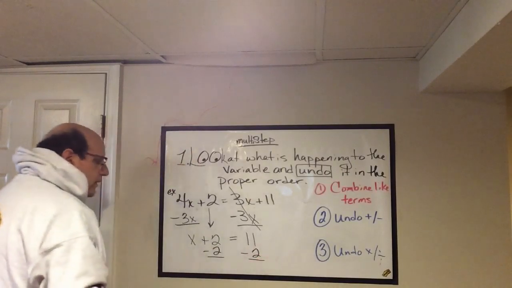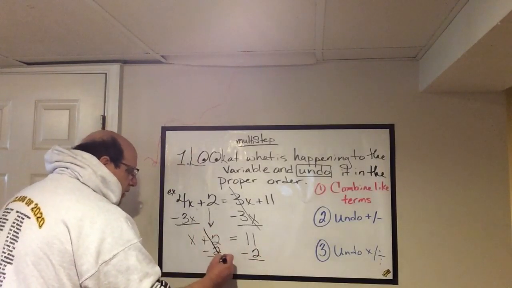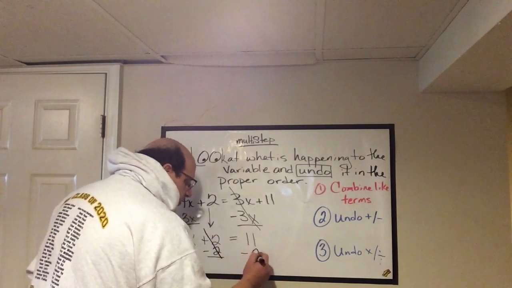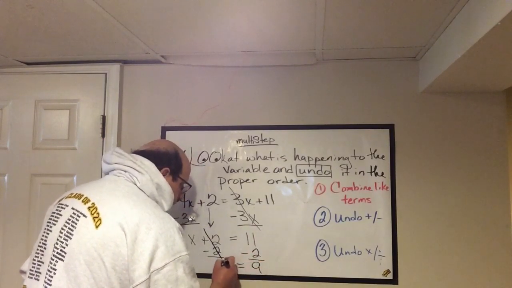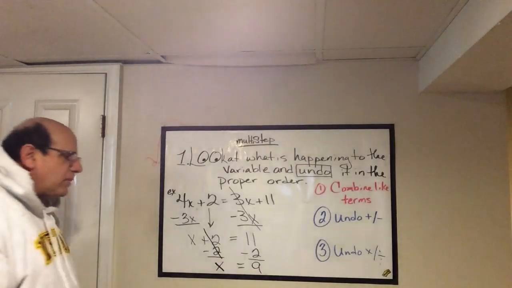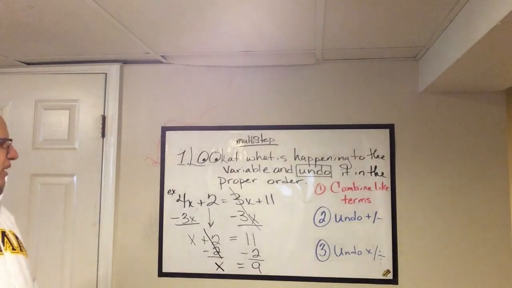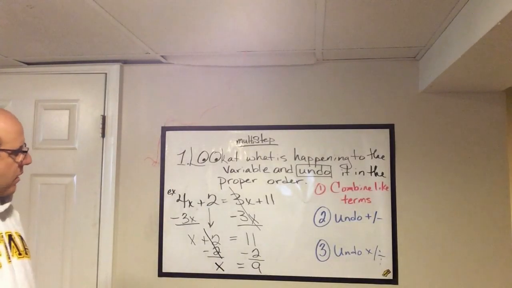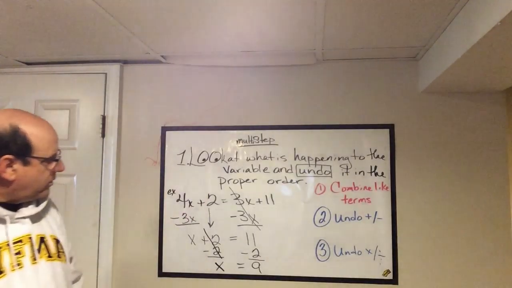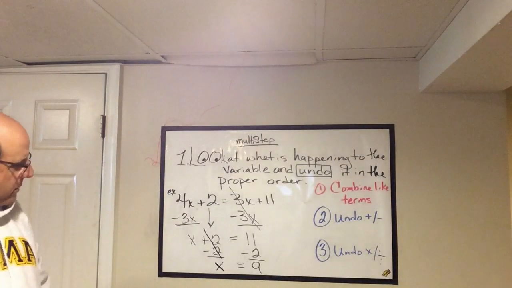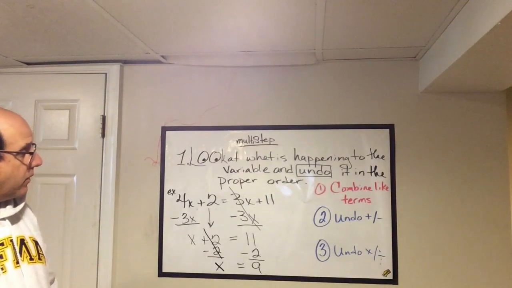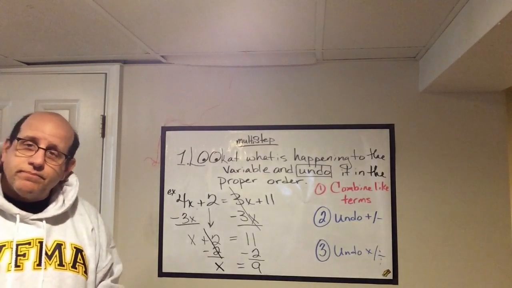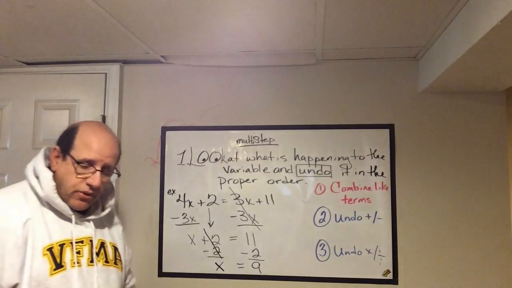Subtract the 2 again, because I need my equation to stay balanced, and x ends up equaling 9. If I wanted to see if that worked out, I'd put a 9 in on both sides and see if it worked out. I'm doing it in my head, so it's 38 and 38. Works out pretty well. All right, so that's the first part of it.